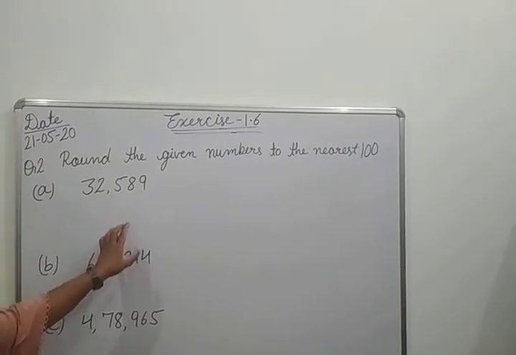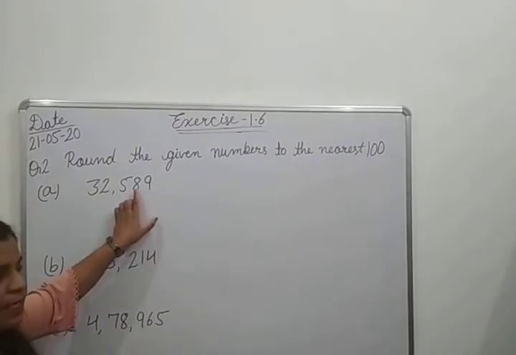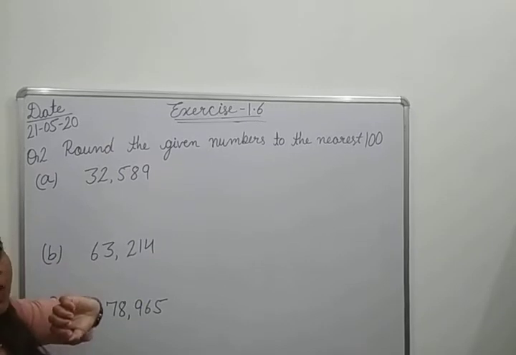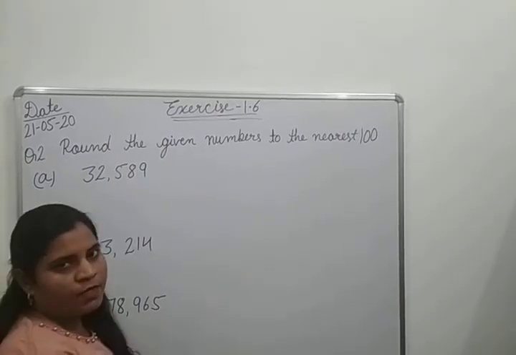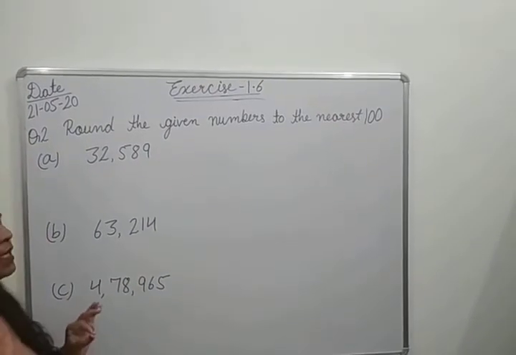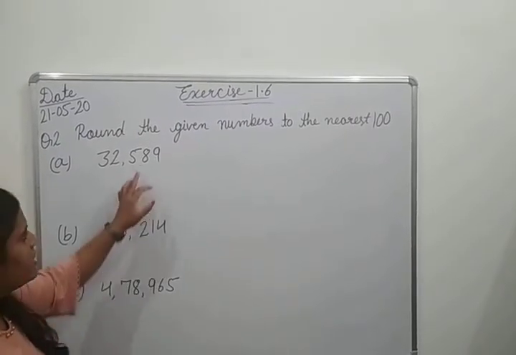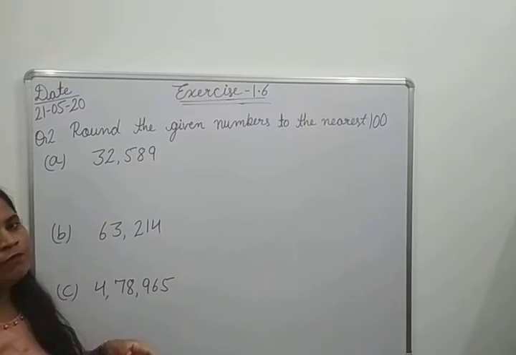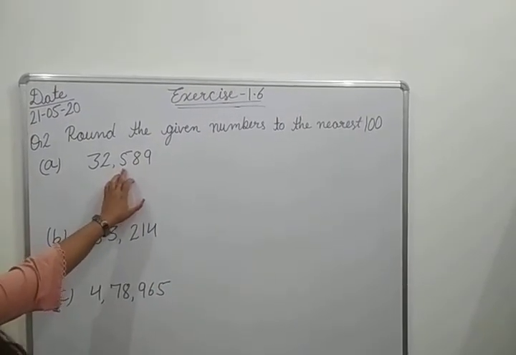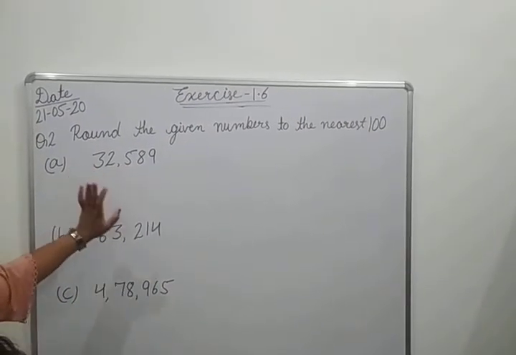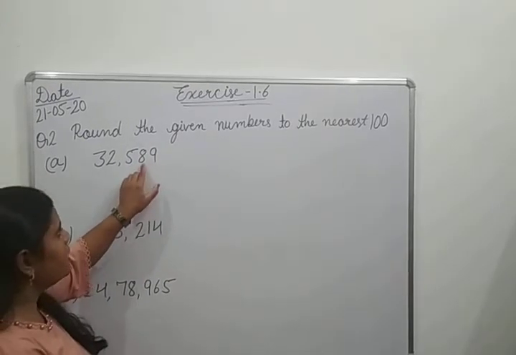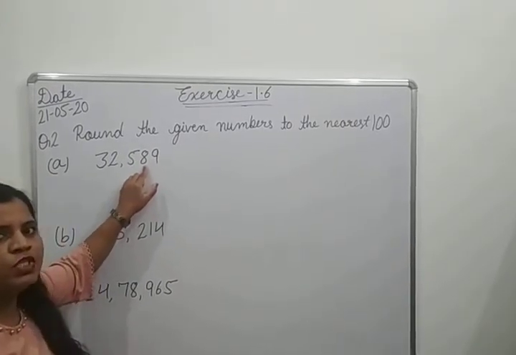It means we replace ones and tens digit by 0 and we increase 1 if our tens digit is equal to 5 or more than 5. If our tens digit is less than 5, we don't increase the hundreds digit. We will write these digits same and the ones and tens digit we replace by 0.